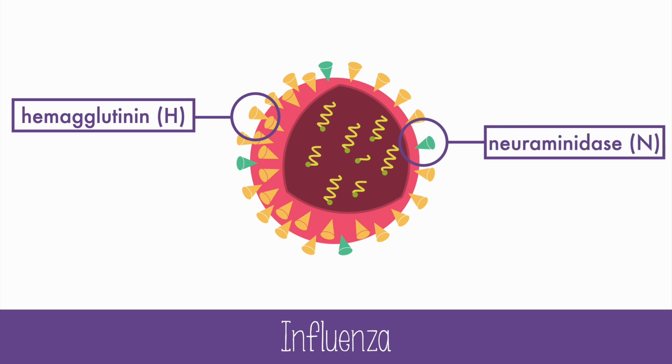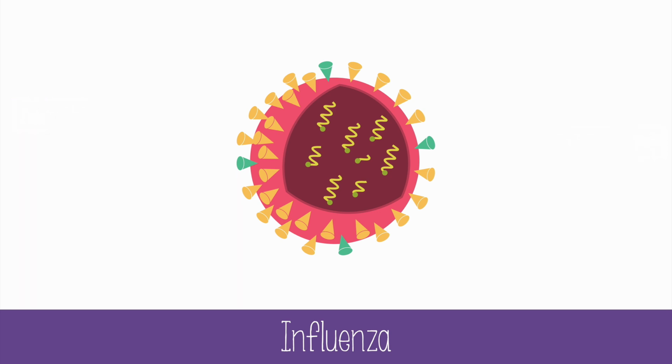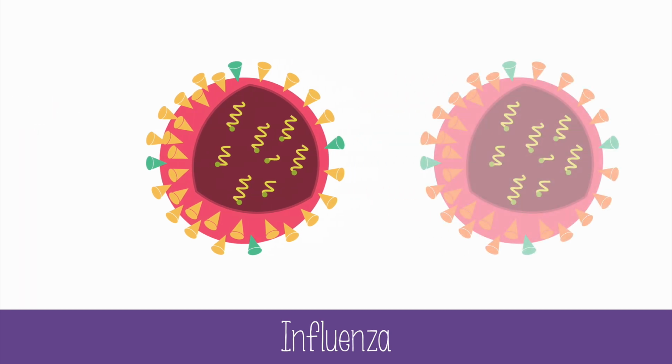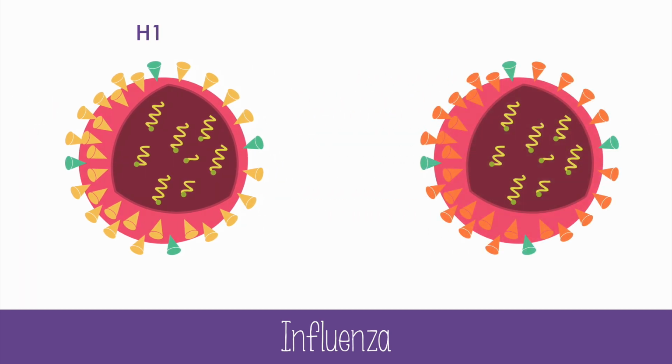They help bind and release the virus to the host cell. There are 18 varietals of hemagglutinin and 9 varietals of neuraminidase, and they can exist in different combinations, and therefore different strains of the virus. H1N1 was the Spanish flu of 1918, and H5N1 is a bird flu.